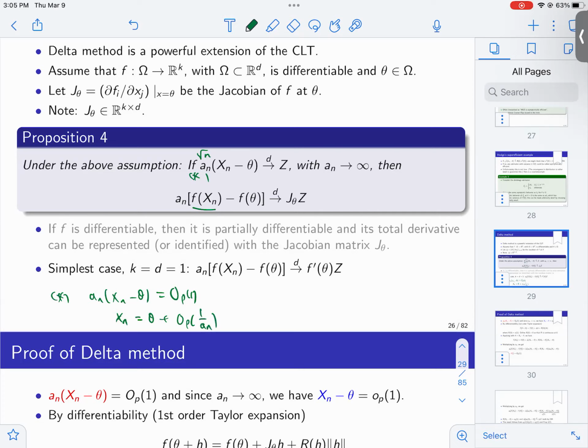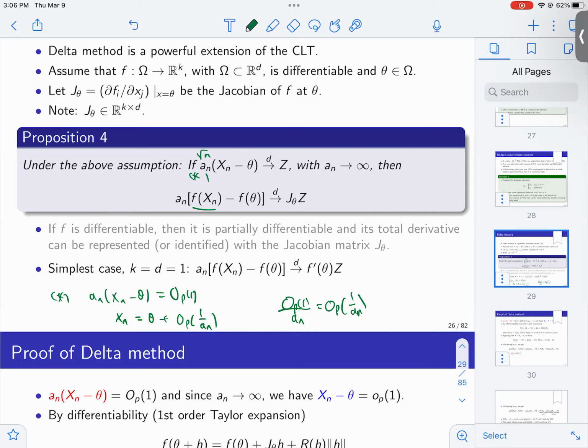This notation means something such that when I divide it by 1 over a_n, it is O_P(1).